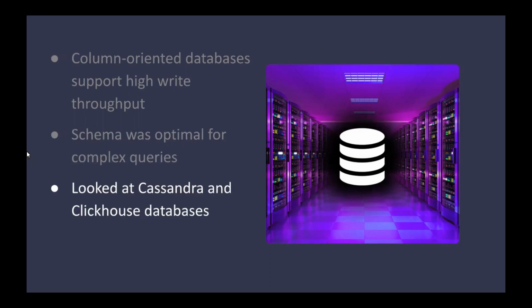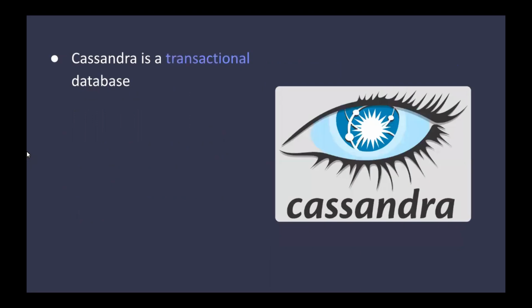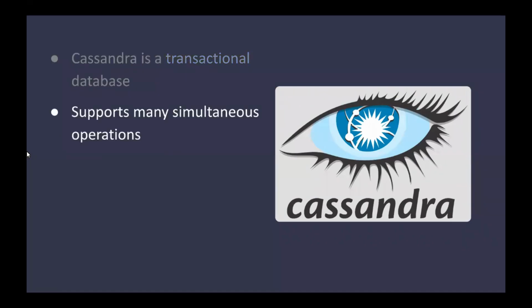We looked at two column-oriented databases, Cassandra and ClickHouse. But even though these were both column-oriented databases, it soon became really clear that we weren't comparing apples to apples. Cassandra is a transactional database. When you think of a database, you're probably thinking of a transactional one.